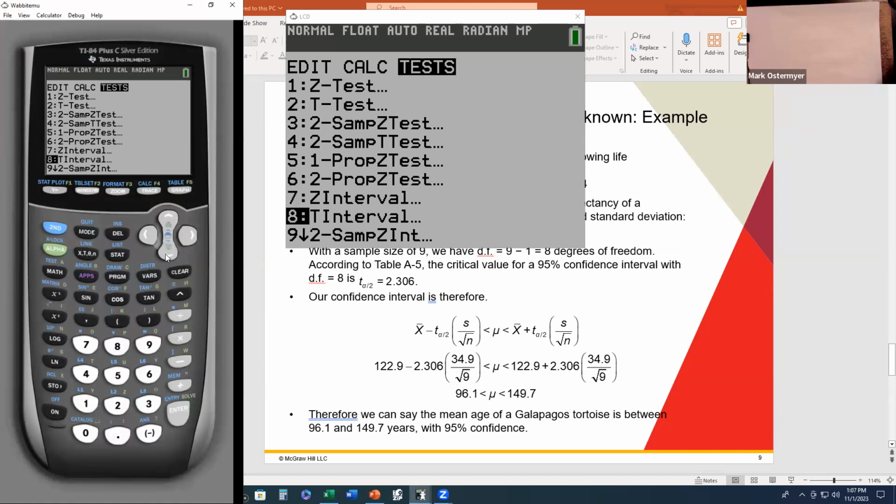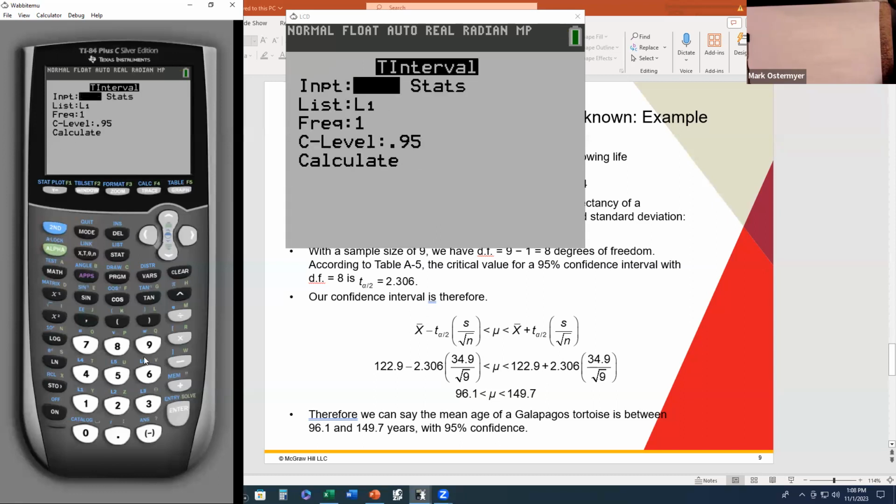That's the function you want to use always to build a confidence interval for an unknown population mean when your population standard deviation is unknown. If it's known, then you use the Z interval. Okay, today we're using the T interval. Hit enter to select it.